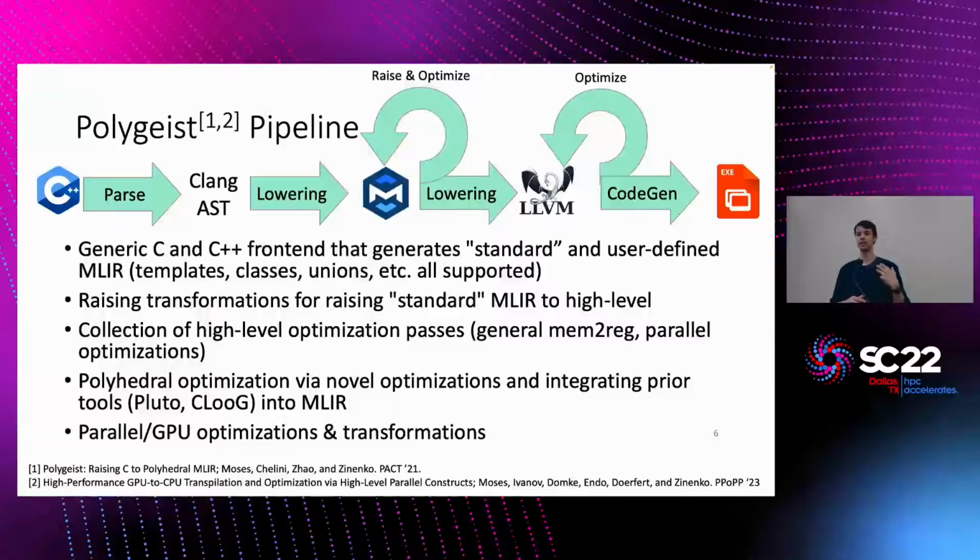Moreover, it also contains a collection of high-level optimization passes, such as parallel optimizations, a more generalized mem-to-reg, and a couple more, which enables it to run even more high-level transformations, such as polyhedral optimizations by integrating the polyhedral optimizer or scheduler known as Pluto, as well as novel parallel and GPU-specific optimizations and transformations.